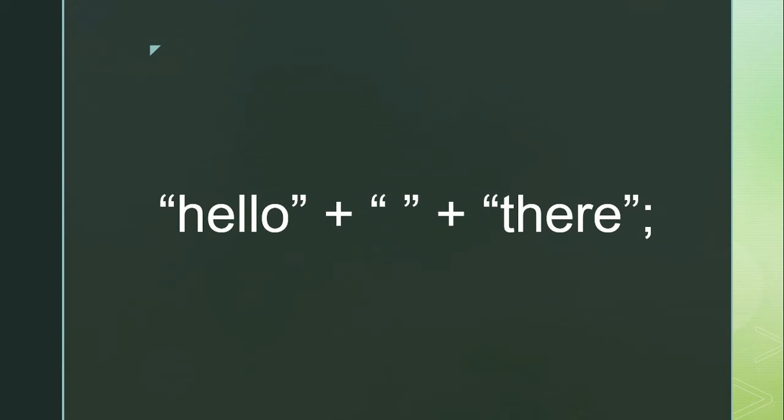We can also concatenate more than just two strings in a single line of code. In this case, every following string will be added to the end of the newly created one. So over here, as you can see, there are three strings. So first we take the hello string, then we take a string that contains just a single space, and the string there.